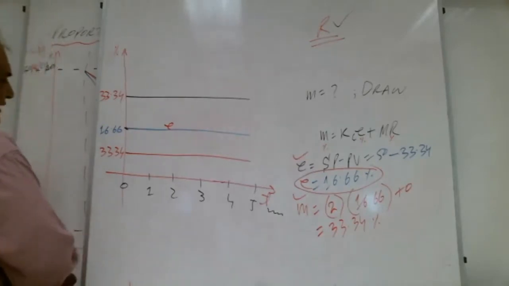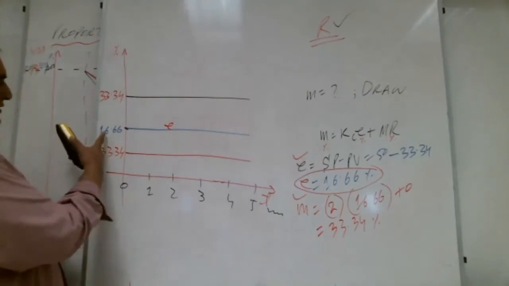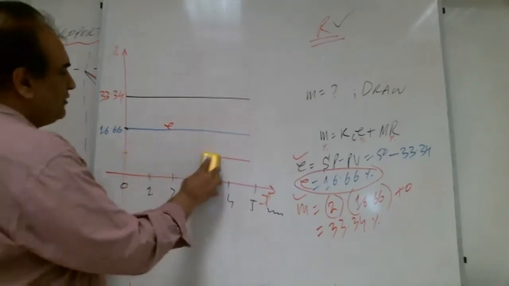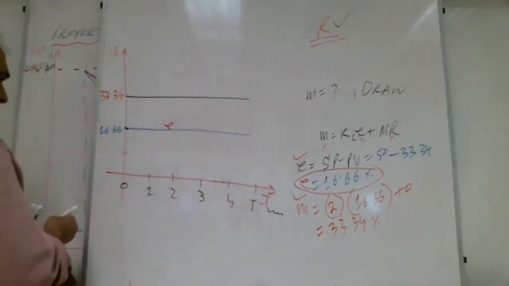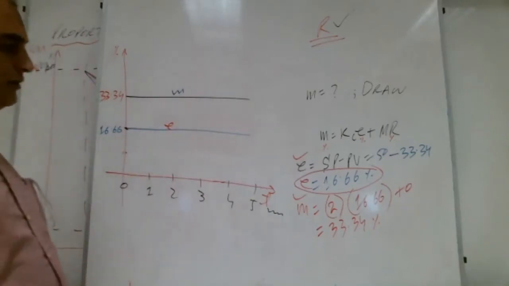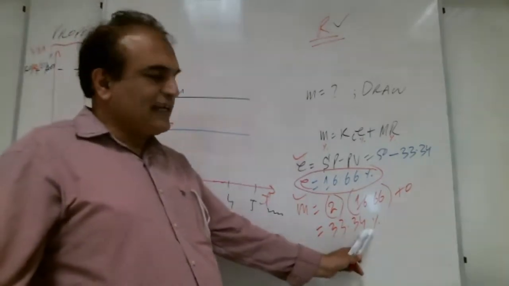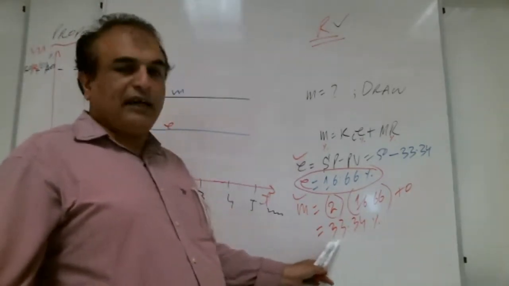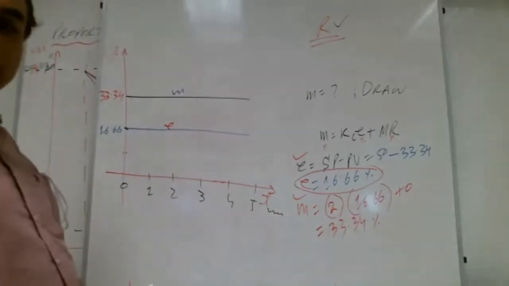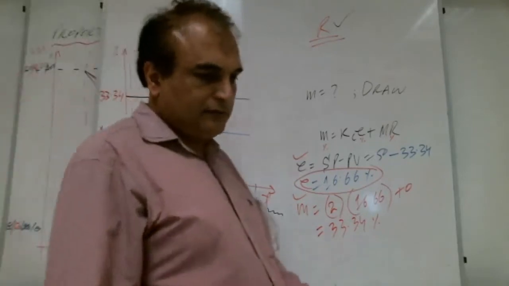Because 33 is bigger than 16. Very good. So logically 16 cannot be above, 33 cannot be below. So the black one is the correct line, and we are saying it is output. Again, with the output there is no T. Time is not involved. It is constant forever, 33.34%. So we have a straight constant line.